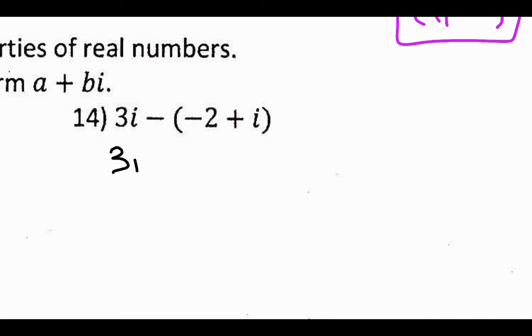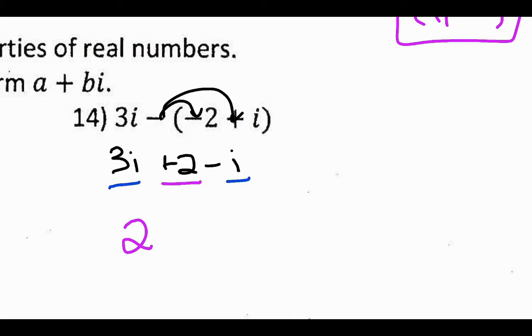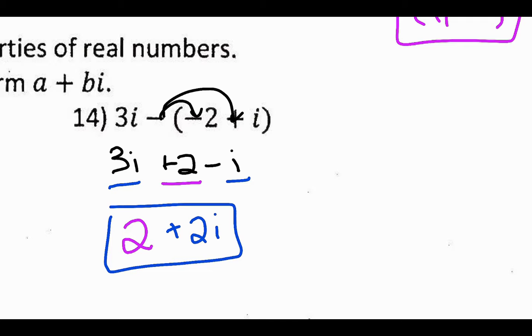So this is the same thing as 3i plus 2 minus i. I distributed that negative sign. Now I can do my real part with my real part, and I only have one real part, and then I can do my imaginary parts. 3i minus i is 2i, and we're perfect just like that.